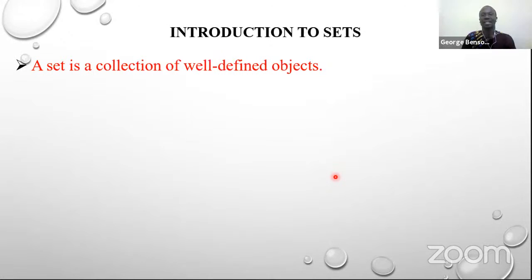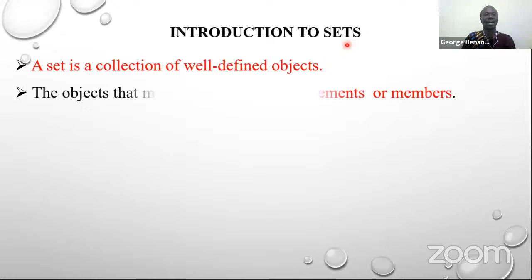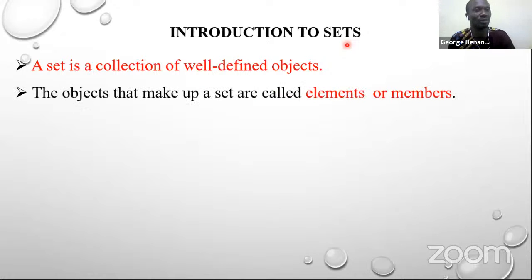Talking about sets, a set is basically a collection of well-defined objects. So when we have a group of objects that we well define, then we classify that as a set. For example, if I say that the set I'm talking about is the Ekropon Presbyterian Church of Ghana, then the members of the church become my set.